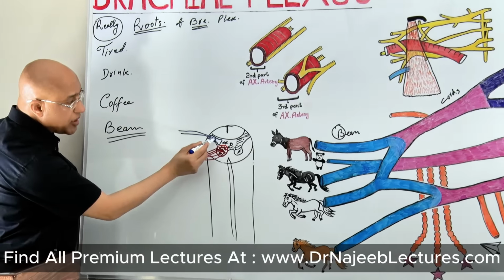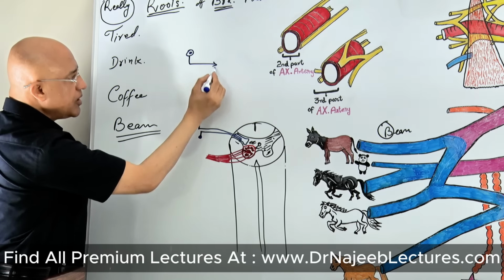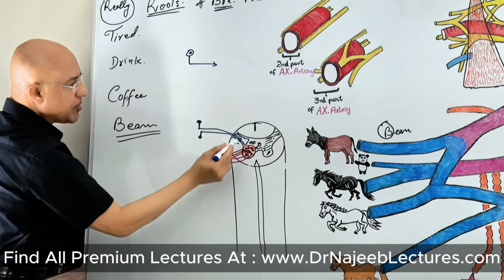Now, sensory fibers have their cell bodies outside, right? For example, if this is one sensory neuron, it has one process going centrally to the posterior horn, and one going to the peripheral tissue, for example, to the receptors present in the upper limb, right?